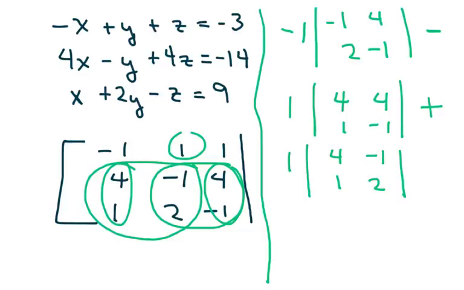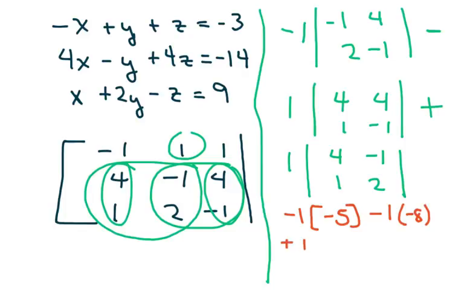So when I take my determinant, I'm going to get -1 times 1 minus 6. So 1 minus 6 is -5. Minus 1 times -4 minus 4, which is -8.